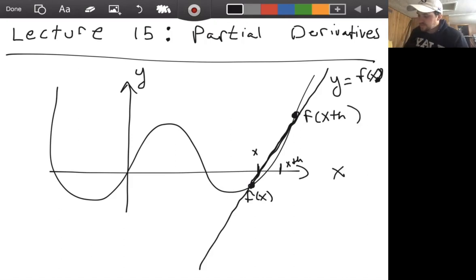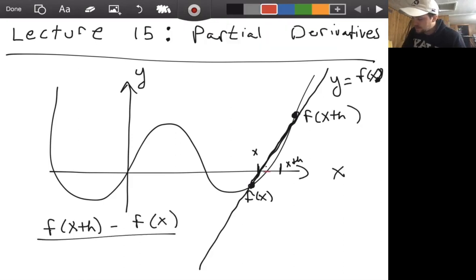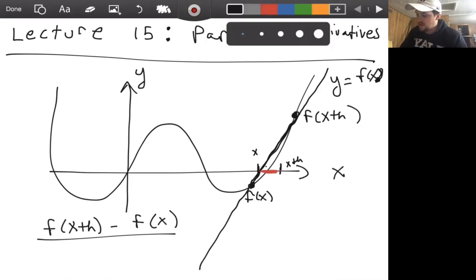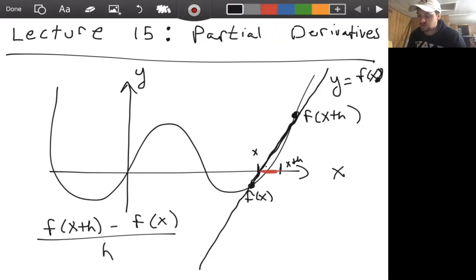Well, that was given by the difference, f of x plus h minus f of x, all over the linear distance that we spanned in the x direction, right? Which is x plus h minus x, which is just h, right? And so this gives us the slope of the secant line between these 2 points.